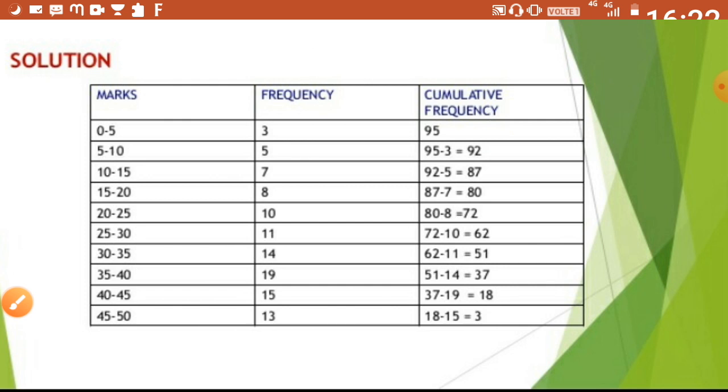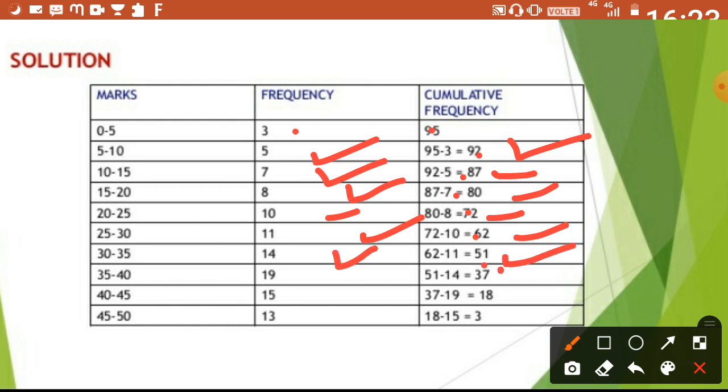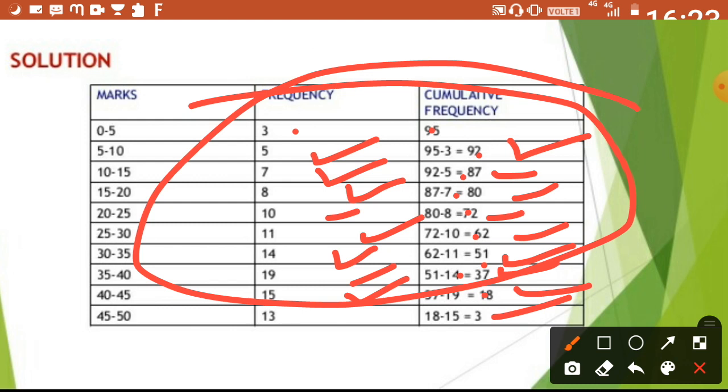Then you have to keep on subtracting: 95 minus 3, 92; 92 minus 5, 87; 87 minus 7, 80; then 80 minus 8, 72; then 72 minus 10, 62; 62 minus 11, 51; then 51 minus 14, 37; 37 minus 19, 18; 18 minus 15, 3. So this is how you have to find the cumulative frequency for the more than ogive, or more than cumulative frequency graph.